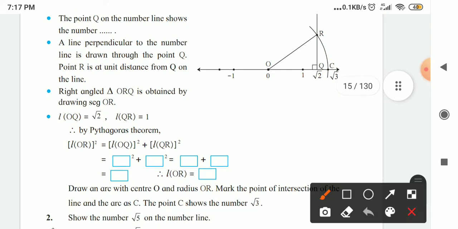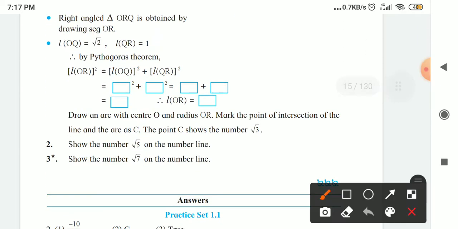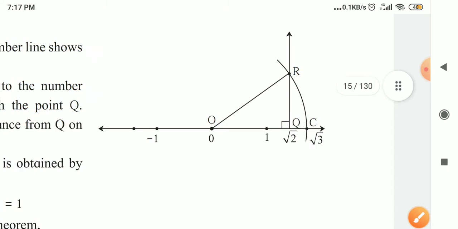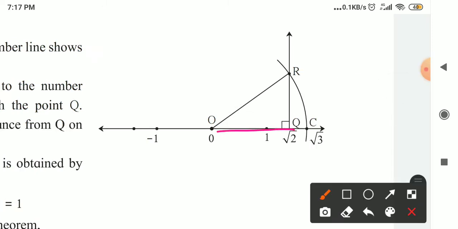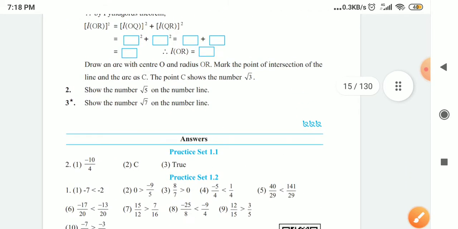If we solve this, we get root 3. Taking these measures, one side is root 2 and another side is 1, and by using that, if we draw the arc, we get root 3, which is an irrational number.